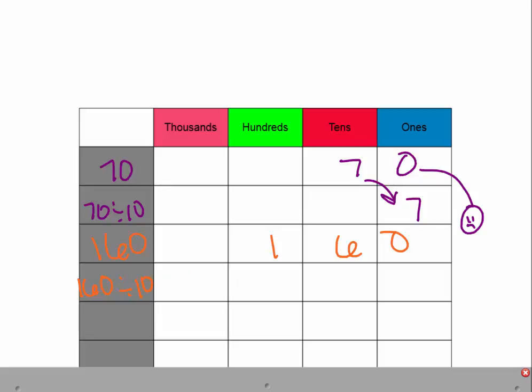So I put 160, and the rule states for every 10 I have to go over to the right 1 and kick Mr. 0 out because he no longer can pay his rent. And then we have 16.